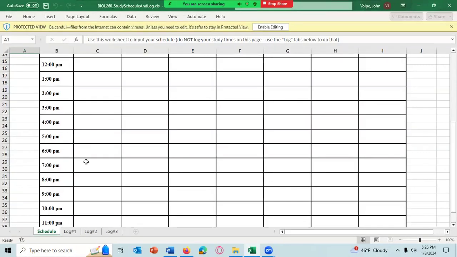Sometime 6:30, I think, we have the lab. And that means you guys are going to be eating very late because you just got home. And then at 9 p.m. you say dinner, clean up at 10, and then go to bed at 11, something like that. So you just put in your daily schedule on the first tab.